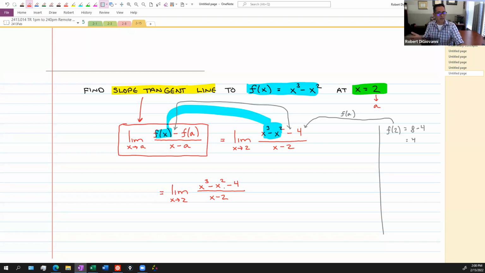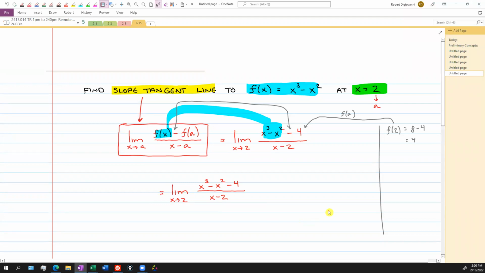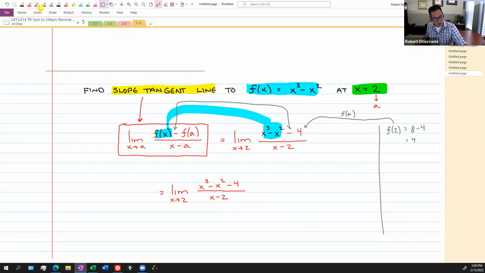What should we get? 0 over 0. Good, Enrique. If you plug 2 in here and here, we'll get 8 minus 4 minus 4, which goes to 0. And the bottom, 2 minus 2, goes to 0. This is bad. Now we need some algebra, right?